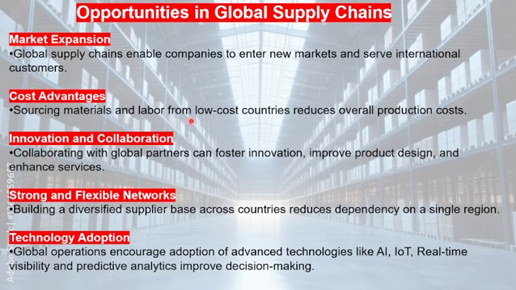Sourcing material and labor from low cost countries reduces overall production costs. Countries like Pakistan, India, Bangladesh are low cost countries, because over here there is cheap labor, cheap material, everything is available, which gives the advantage that the overall production cost decreases.